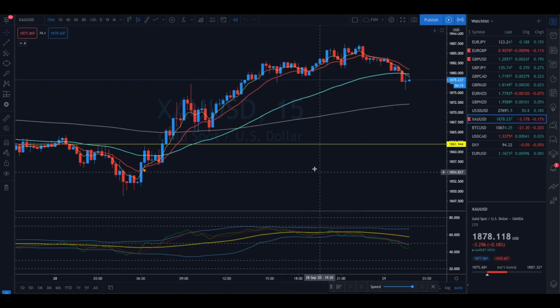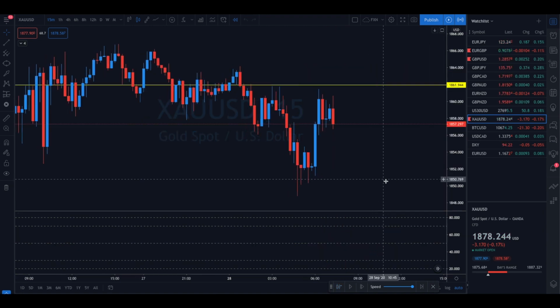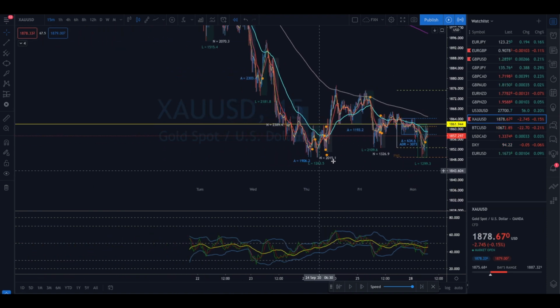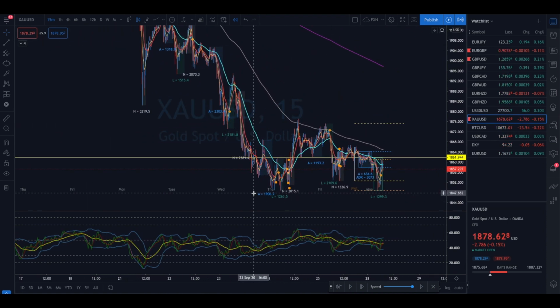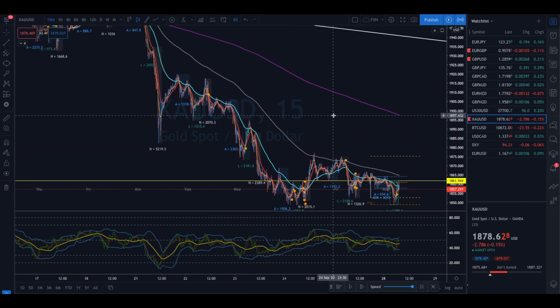The last one is on gold that happened yesterday as well. And this one here, here's why I like this one. I like this one because I like trading when we're all the way at the bottom and we're basically waiting for a reversal, right?